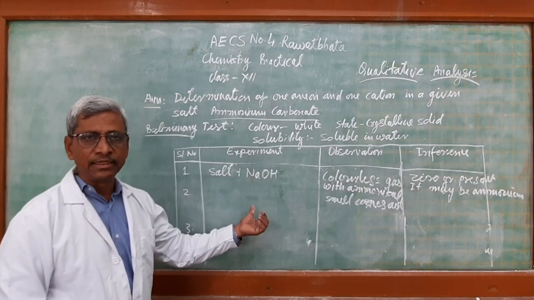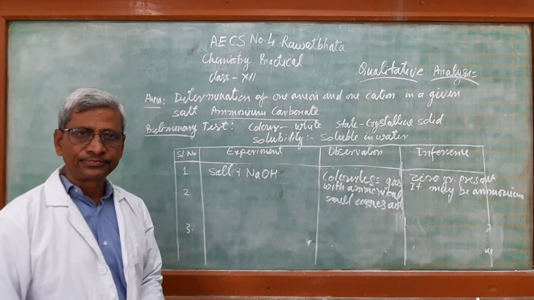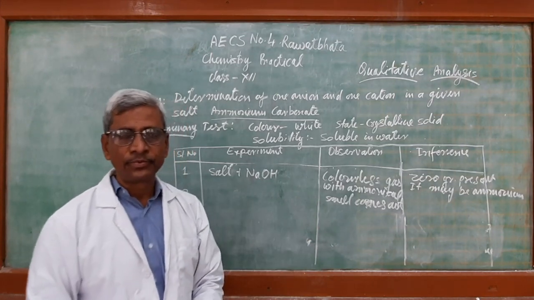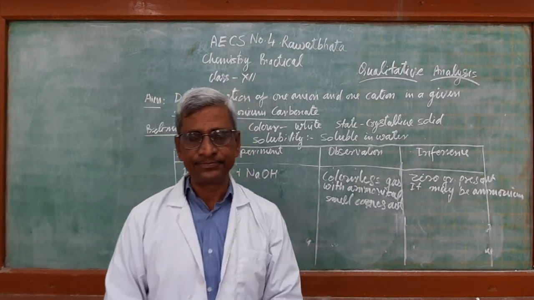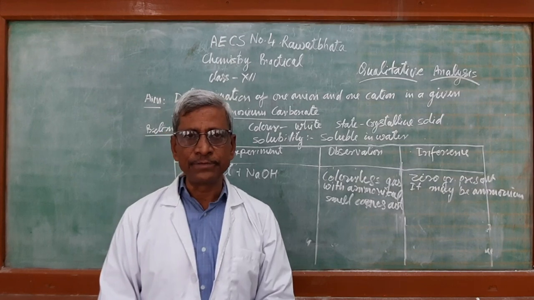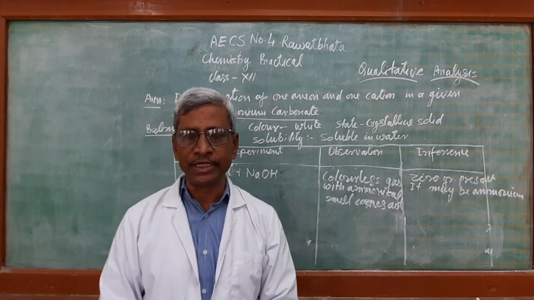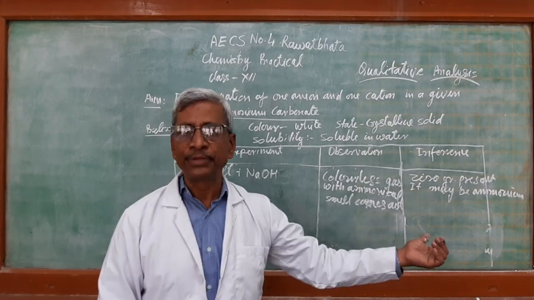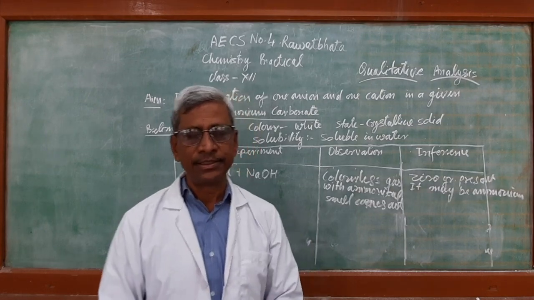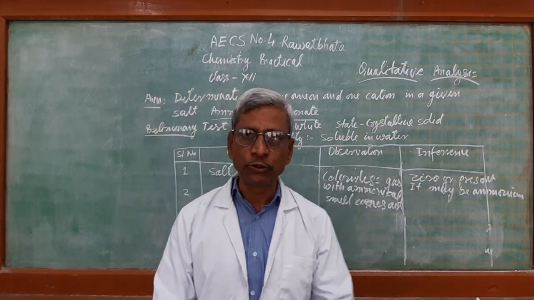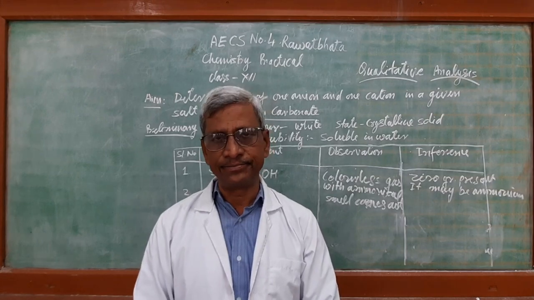Observation: white fumes appear. These white fumes are because of the formation of ammonium chloride. Ammonium present. This is the second one. Up to some extent we are sure that ammonium is there.